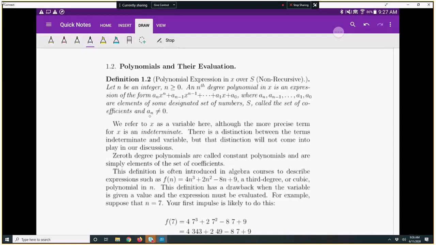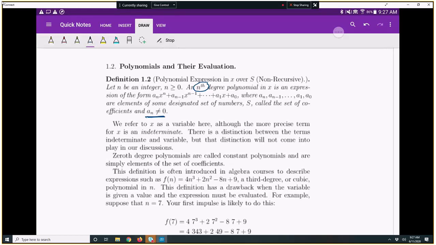And the a sub n term should not be 0. The reason we require that is because we're claiming that it's an nth degree polynomial. So if the nth term had a coefficient of 0, then it would be a lower degree polynomial. And in our high school algebra classes, when we've worked with polynomials in the past, the set of coefficients was probably either real numbers or maybe rational numbers or maybe integers.